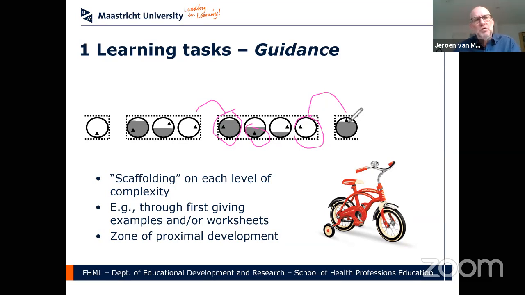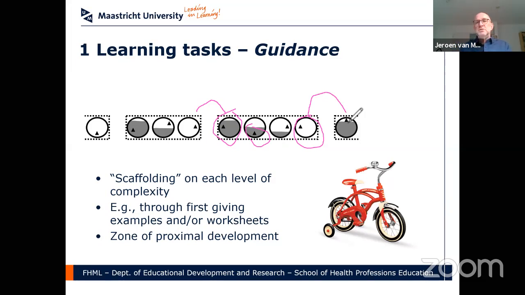For example, we could first give them examples or first give them worksheets that help them to perform the task. And after practicing on the examples and practicing with the worksheets, they will be able to do it independently. And when they show that they're able to do it independently, we can continue to a higher level of complexity.